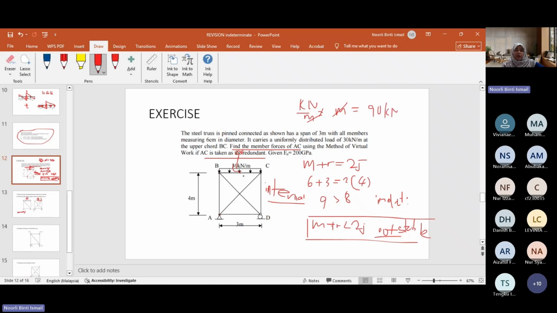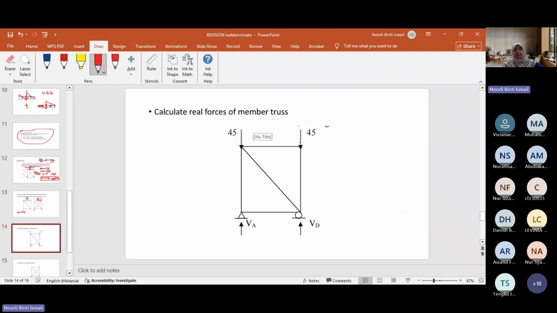So now your truss has no more UDL because you changed it to 90 kilonewton. But if we want to divide to 2 joints here, it will be 45, 45. Okay, so this one is the real forces.